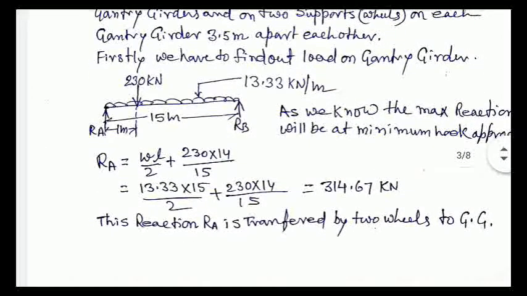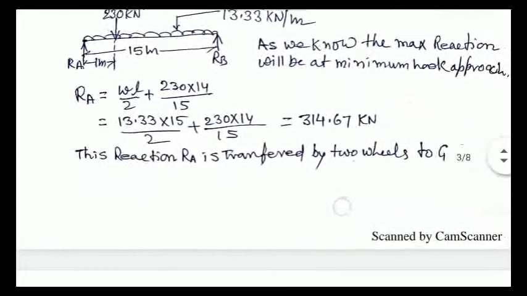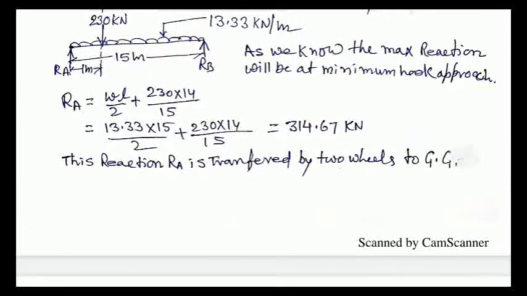Analyzing this, Ra will be equal to 314.67 kilonewton, and this will be maximum when the hook approach is 1 meter. So we have taken the maximum reaction Ra, that is 314.67 kilonewton, and this reaction will be transferred to gantry girder by two wheels.